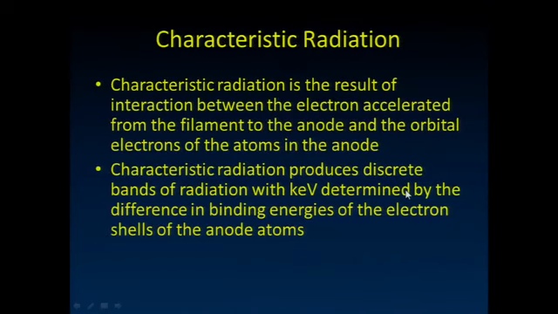I want to mention characteristic radiation. We've also talked about the fact that these electrons may kick out some inner shell electrons of the tungsten, and then those K-shell electrons are going to be replaced by L-shell electrons coming into place. And when that transition from L to K occurs, we're going to get the emission of K to L characteristic radiation.